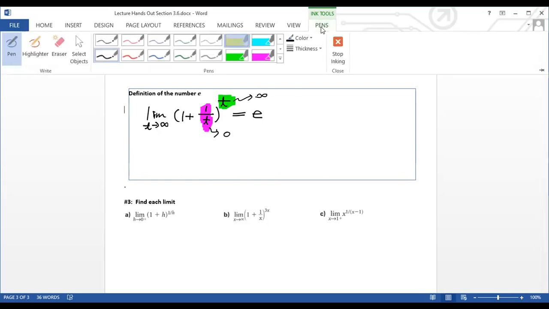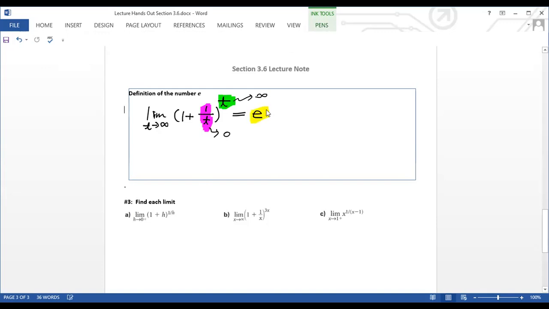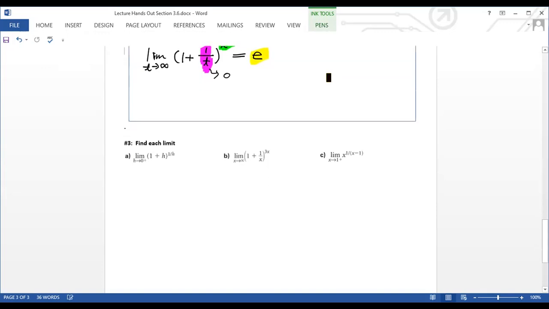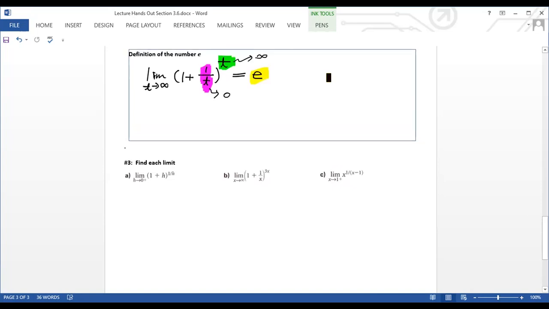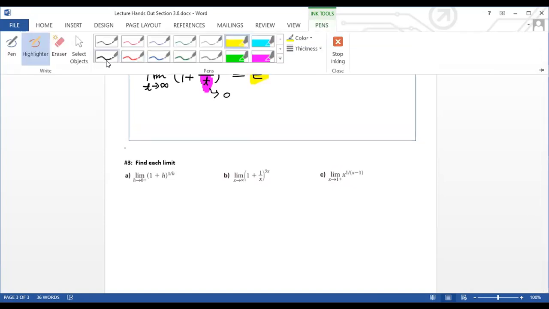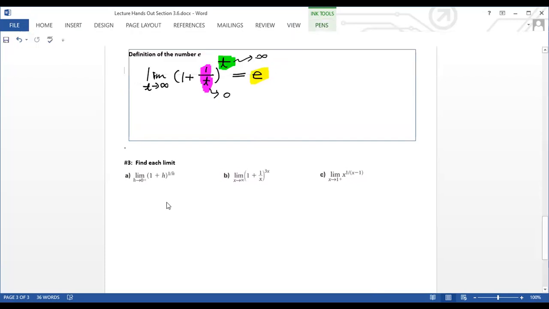Okay, so now let's try to use this definition to help us solve some other limit problems here. Okay, so be careful here. Now let's take a look at this one here. This is 1 plus h, to the 1 over h. Obviously, this is a different format here.